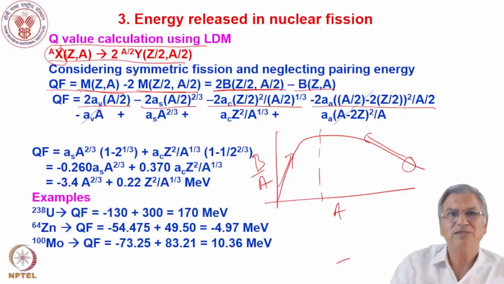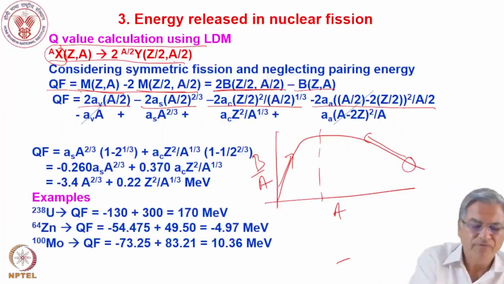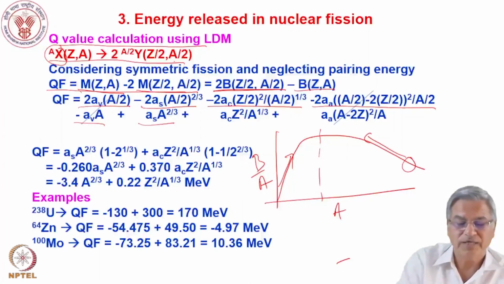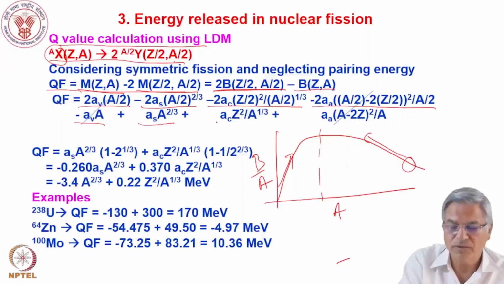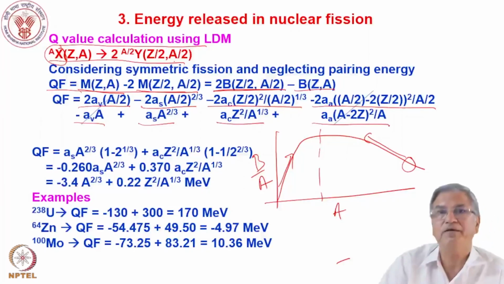So you just replace Z by Z by 2 and A by A by 2 for the fission products. And for the fissioning nucleus, you have the standard formula: AV into A plus AS into A to the 2/3 plus AC Z squared by A to the 1/3 plus AA (A minus 2Z) squared by A.